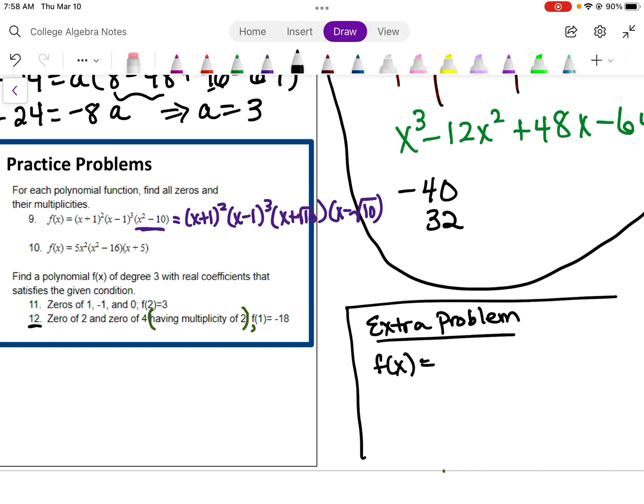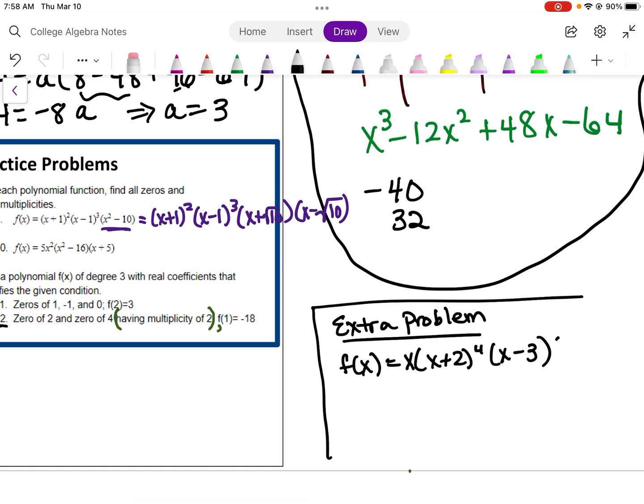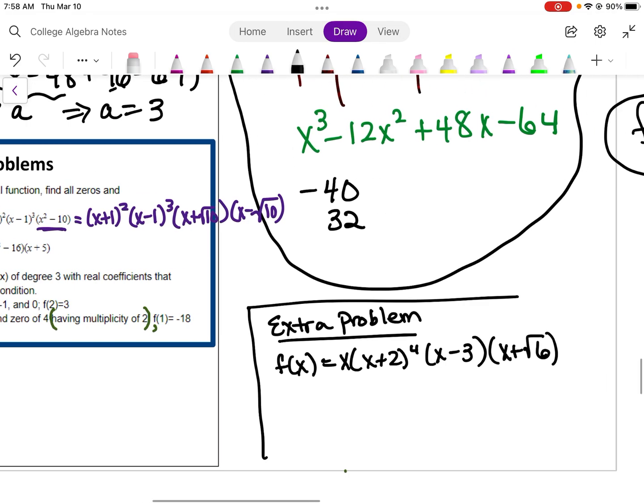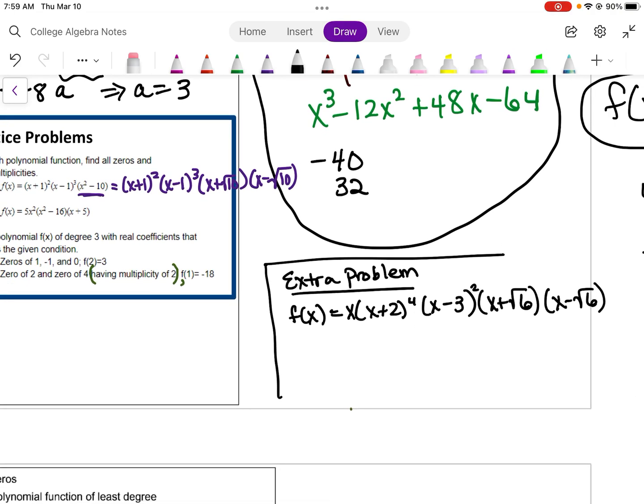If I had f of x equals x plus 2 to the 4th, x minus 3, let's even put an x out here for good measure, and then x plus the square root of 6, and x minus the square root of 6, and let's put a 2 on that one.